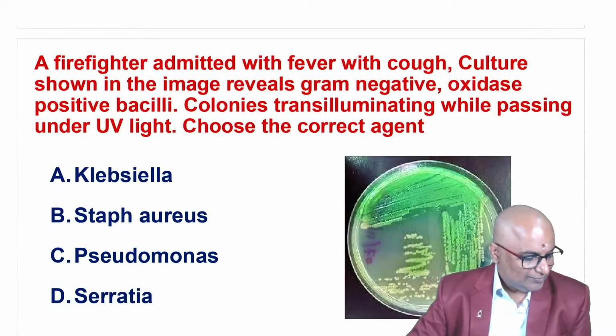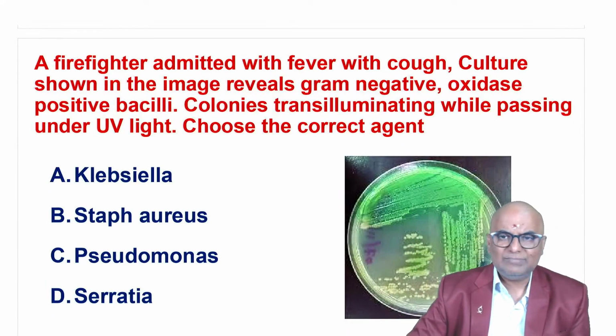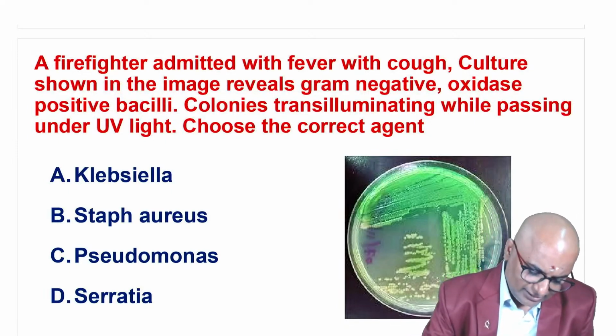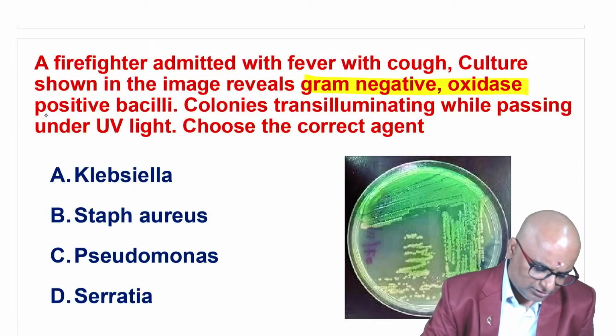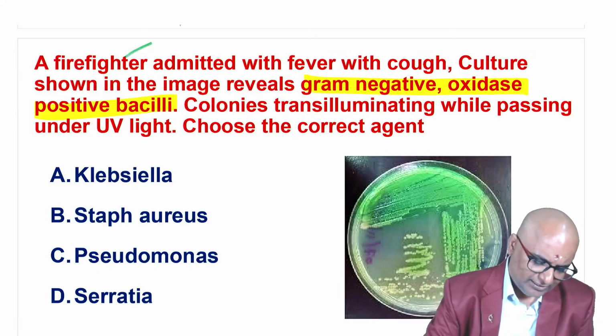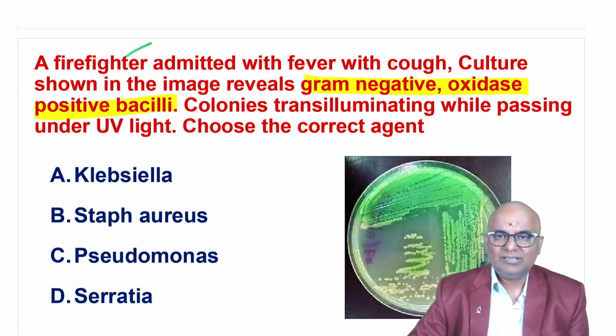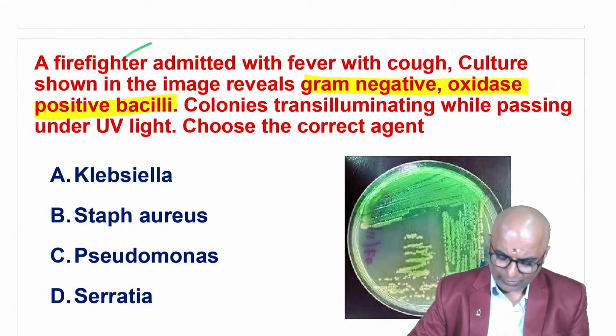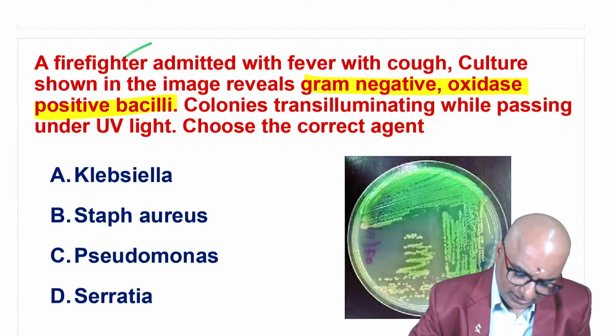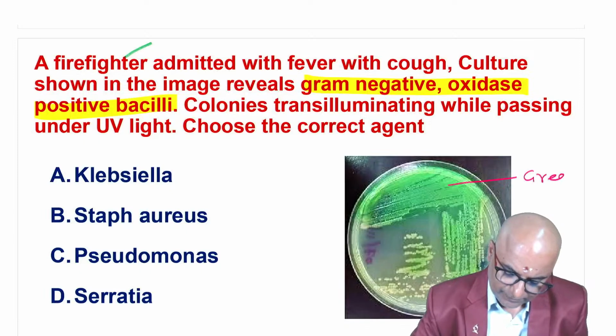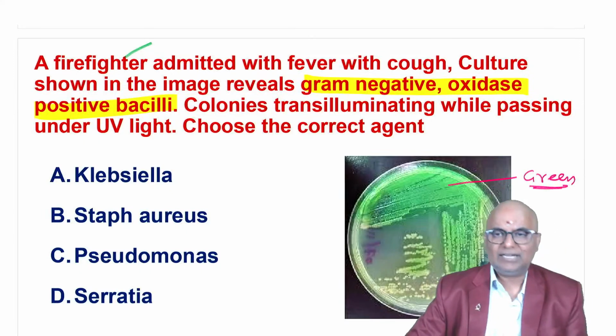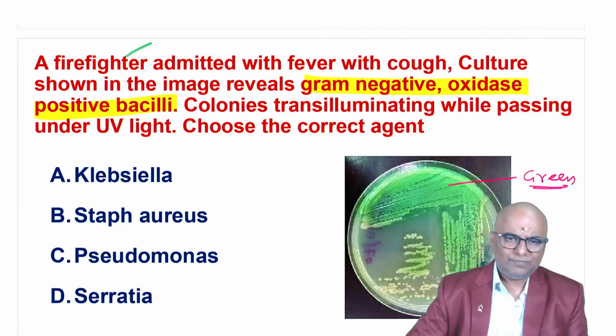Next is a firefighter admitted with cough. Culture shows, the image reveals, gram negative oxidase positive bacilli. Firefighter, gram negative oxidase positive, and you see the colony color green. Transillumination, iridescent colonies under UV light, suggestive of Pseudomonas.